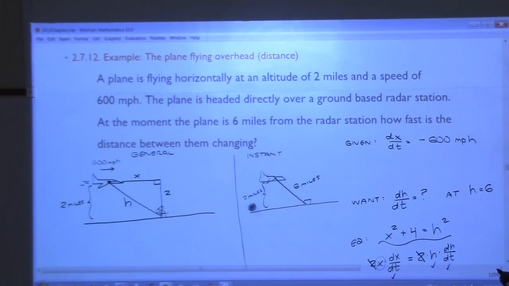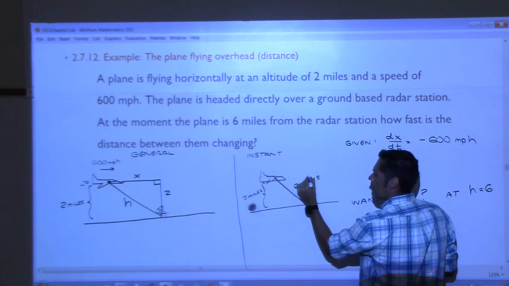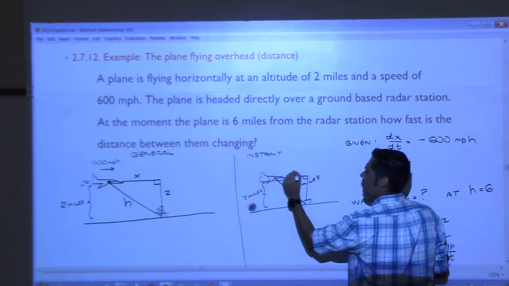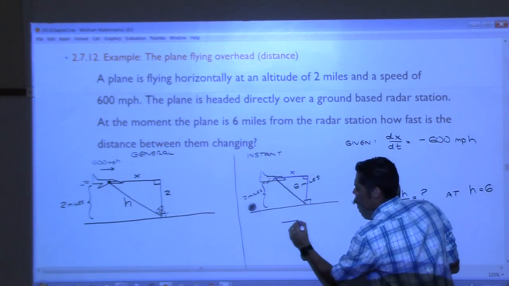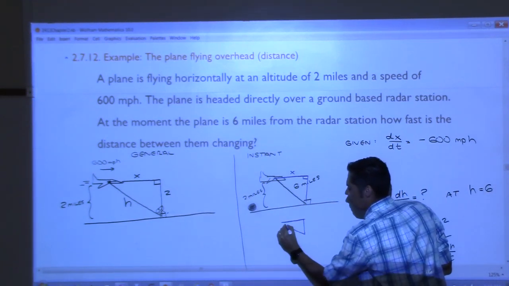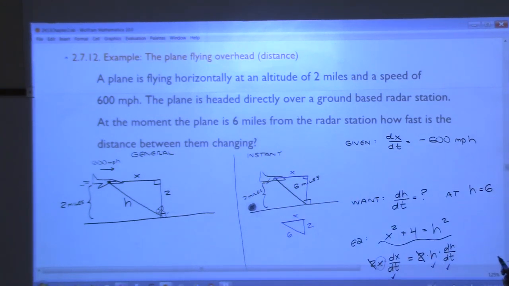Where is x in my instant picture? Well, I hadn't drawn it, had I? Wouldn't this be x? Right, so let's take a look at that triangle again. Looks like this: 6, 2, and x. And you can solve that for x, can't you? Okay, let's solve that for x real quick.